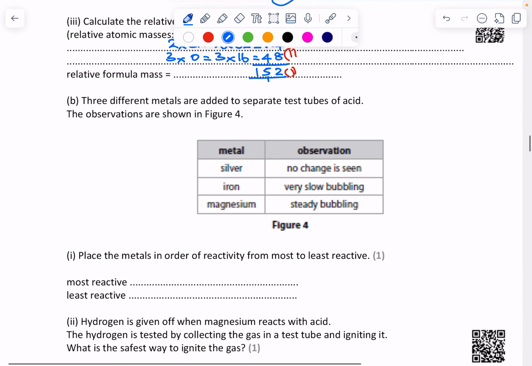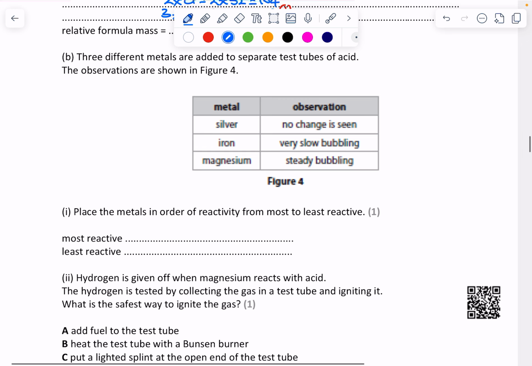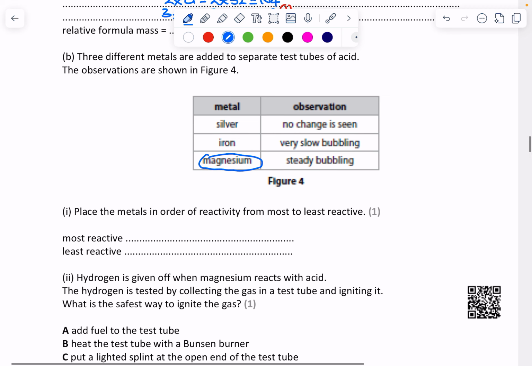3 different metals are added to test tubes of acid. The observations are shown below. Put the metals in order of reactivity from the most to least reactive. Okay. So in this situation, if we look at the observations, the magnesium is steady bubbling.